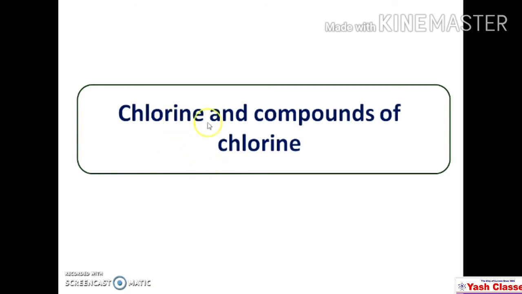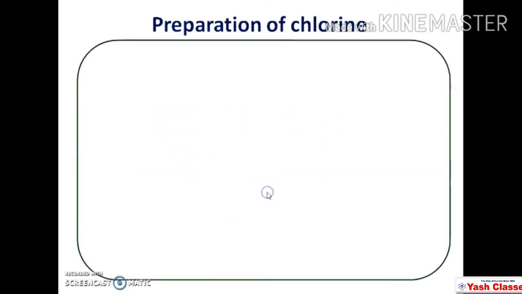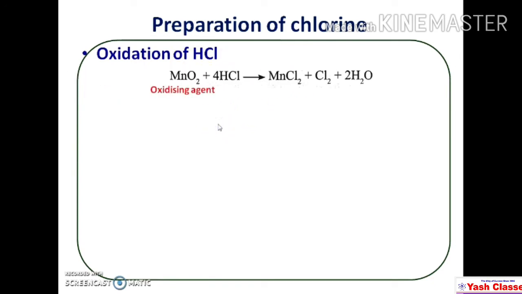Now next point is chlorine and compounds of chlorine. First of all, the preparation of chlorine, that is Cl2. So chlorine is prepared by the oxidation of hydrochloric acid. For example, when oxidizing agent like manganese dioxide is added to hydrochloric acid, then this hydrochloric acid gets oxidized and there is a formation of chlorine.